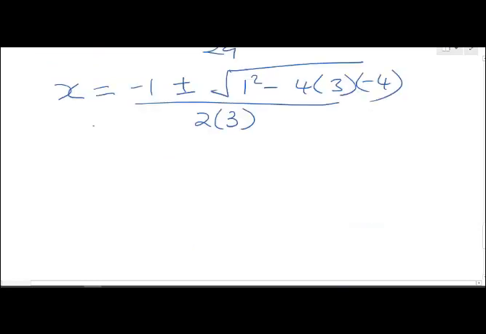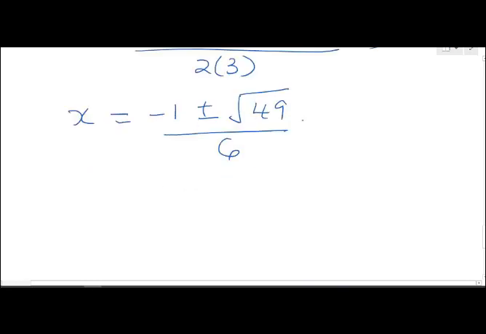Once we simplify this, we get x is equal to minus 1 plus or minus the square root of 49, everything over 6, which can also be written as minus 1 plus or minus 7 divided by 6, since the square root of 49 is 7.